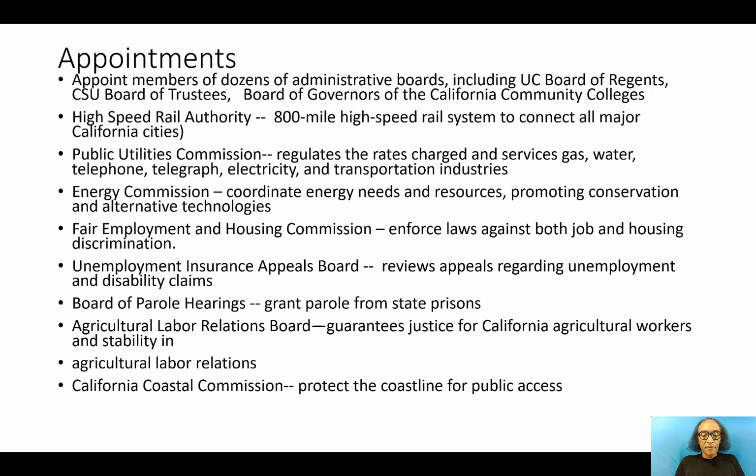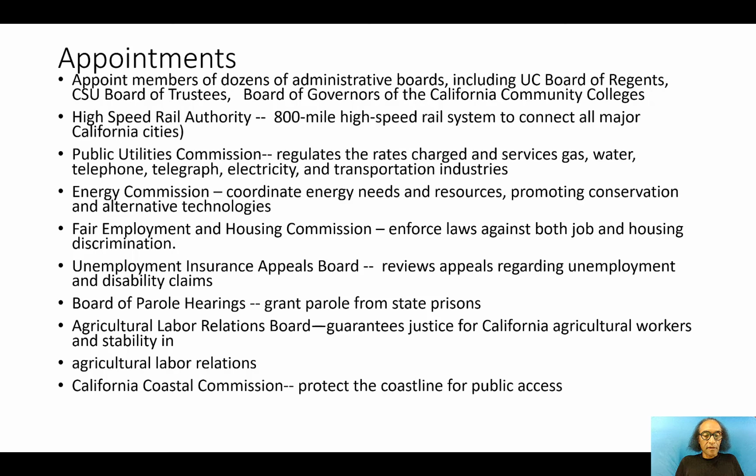With respect to the granting of parole from state prisons, in other words, state prisoners or convicts leaving prison early on parole, their cases are reviewed by the Board of Parole Hearings, whether or not they present a threat to the community and other factors, and the governor appoints members to the parole board as well.